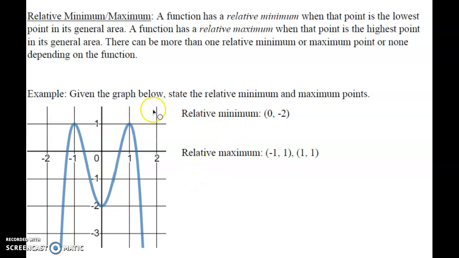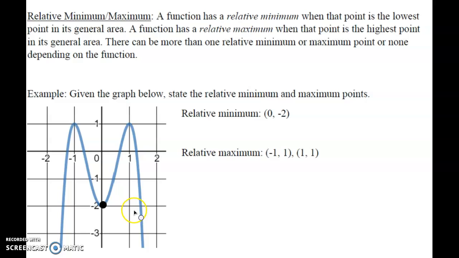So we have the example here, given the graph below, state the relative minimum and maximum points. We only have one relative minimum. It is this point right here. It also happens to be the y-intercept, but that is not always going to be the case. But it's a relative minimum point because it is the lowest point in its general area.